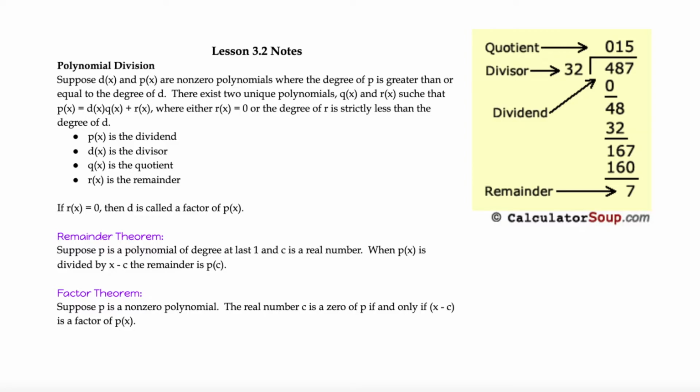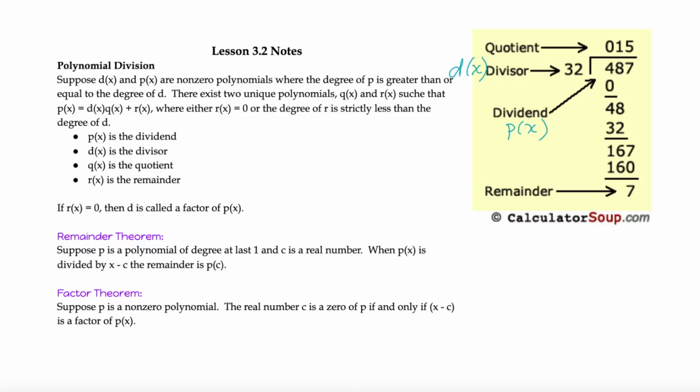And if you are in need of some vocabulary reminding, when looking at a particular example that we are already used to seeing with long division and values, the d of x, again, is the divisor. So I'll maybe put them over here with our example. And p of x, which is the dividend, are non-zero polynomials where the degree of p is greater than or equal to the degree of d.